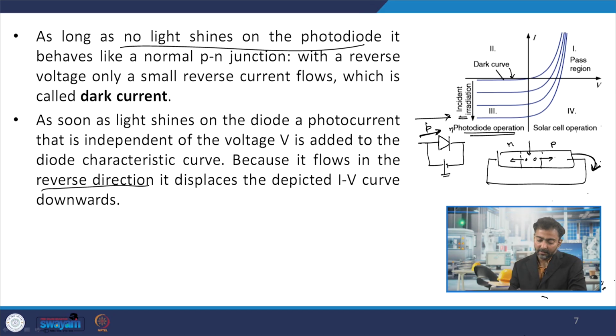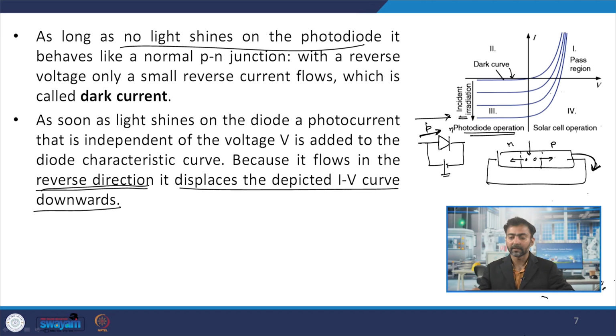So, that is why it says here that because it flows in the reverse direction, it displaces the depicted IV curve downwards. The sign convention in this graph is that if an external source is forward biasing the diode and pushing current through the diode, that is the first quadrant operation, where the current is positive.